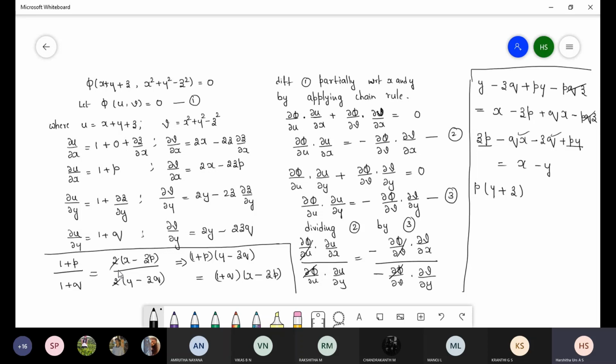From these two I will take minus q as a common, so I write x plus z, that is equal to x minus y, is the required partial differential equation.